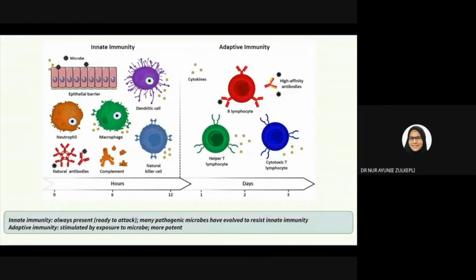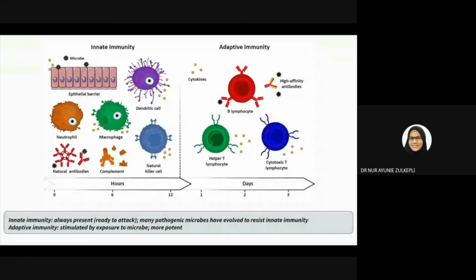Also, because bacteria and viruses are evolving, they already know the tricks of our physical and chemical barriers. So they will just resist that, and still cause infection to our body.